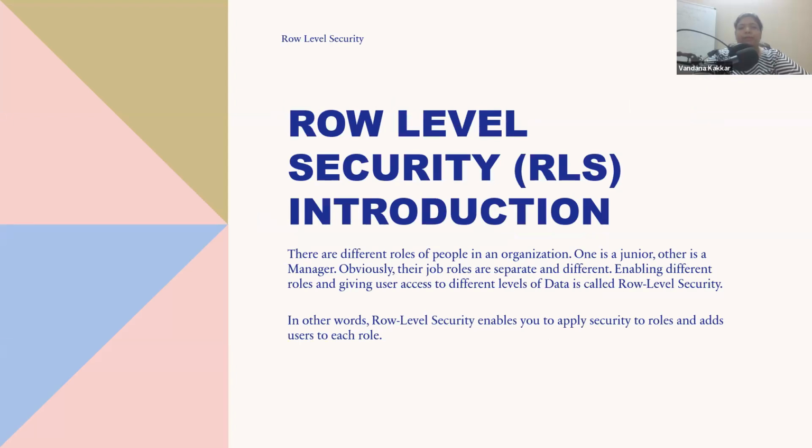Now, row-level security. There are different roles of people in an organization. One is a junior, another is a manager. Obviously, their job roles are separate and different. Enabling different roles and giving users access to different levels of data is called row-level security, and that is what I told you. In other words, row-level security enables you to apply security to roles and add users to each role.